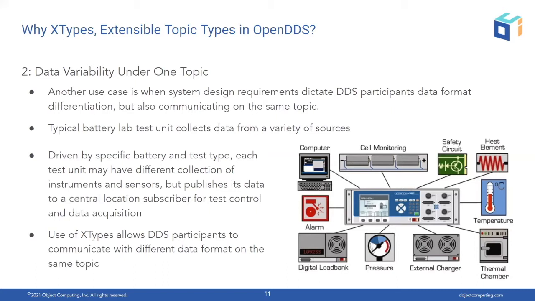Some other units may use optional instruments like AC impedance meters. So the data format from each test unit is potentially different, but the centralized lab control station has to receive and process them under the same topic. So this cannot be done without Xtypes.